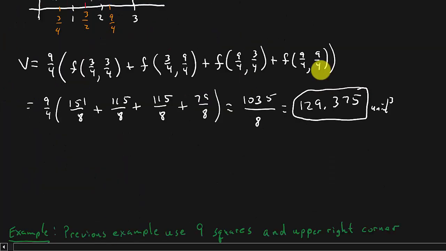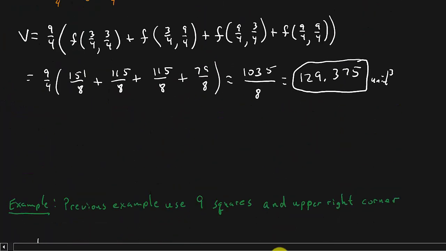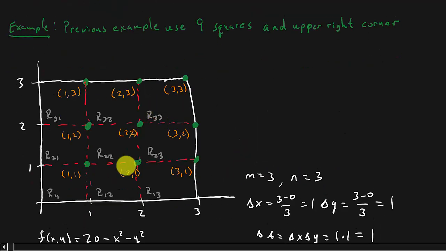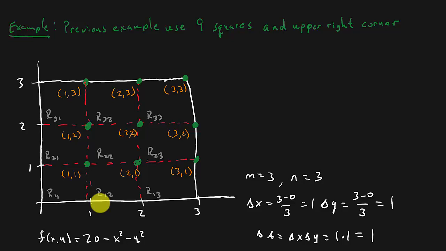All right. And you know, if we did the 9 squares here with midpoints, we'd probably get even closer, or possibility that we get even closer to the actual volume. And remember, this is approximating the volumes.